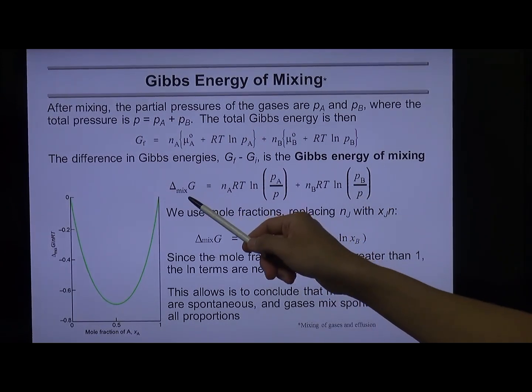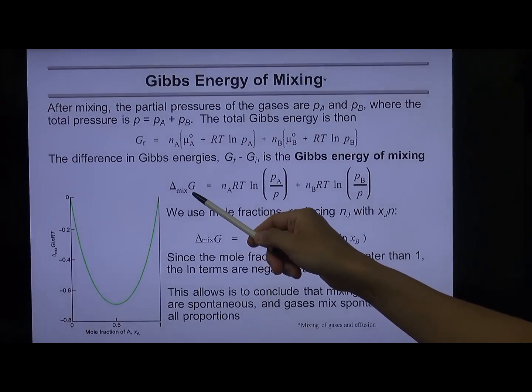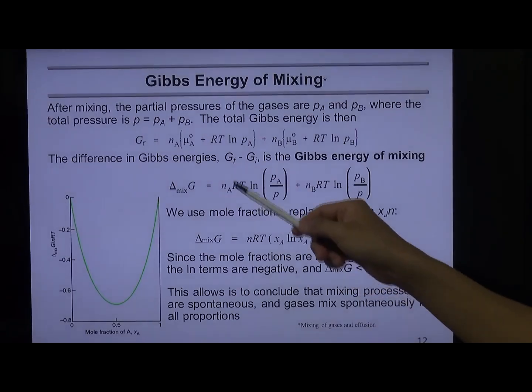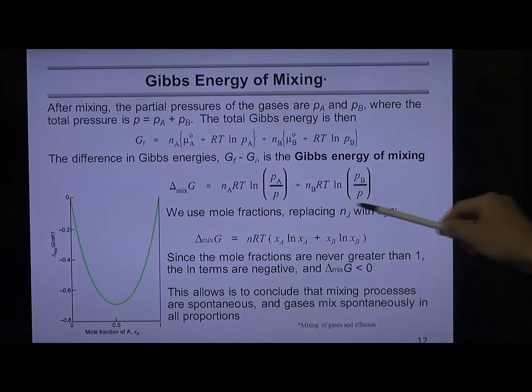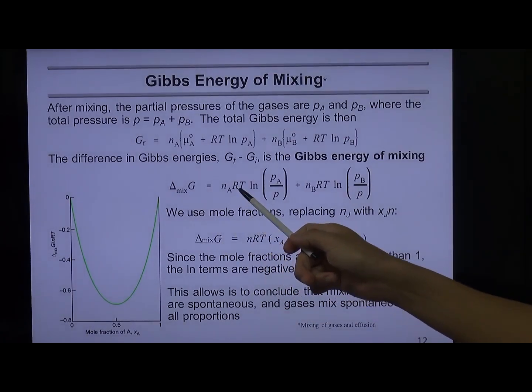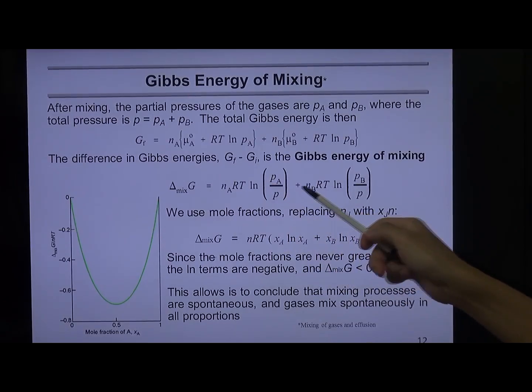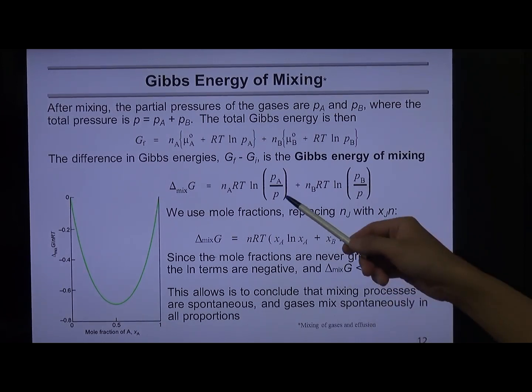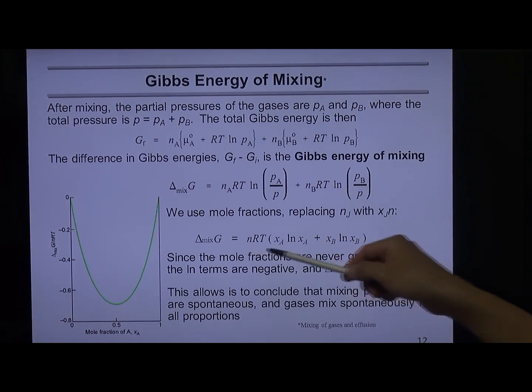So the Gibbs energy of mixing, the difference between G_F and G_I, if you rearrange it, you can simply get this expression. The Gibbs energy of mixing is n_A RT log P_A over P plus n_B RT log P_B over P. Which can easily be rearranged as this.